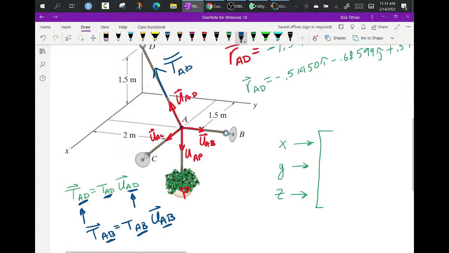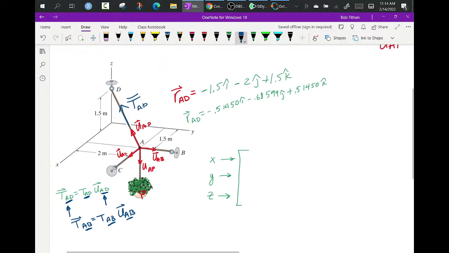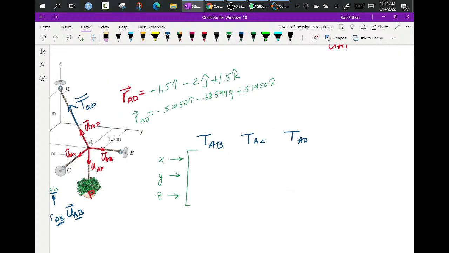So I'm going to do something kind of weird here. I'm going to list them. I don't know which one to list first, so I'll do TAB, TAC, TAD, and then I'm going to do one more, TAP.